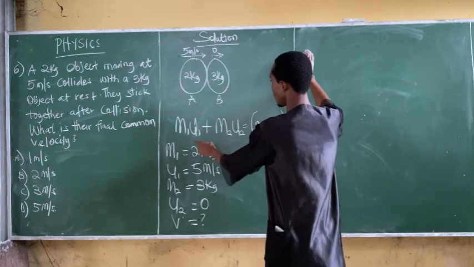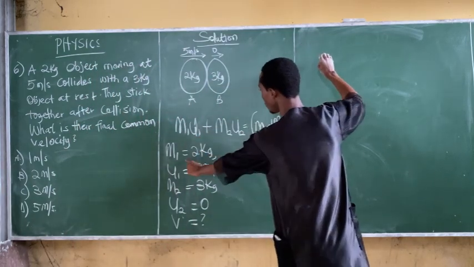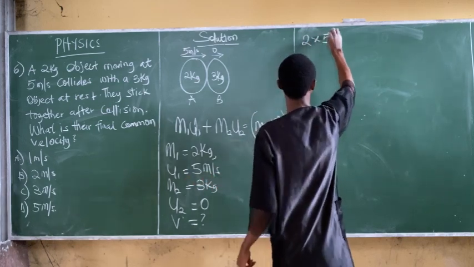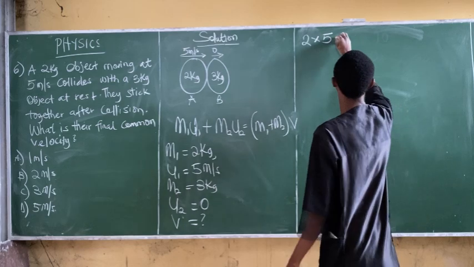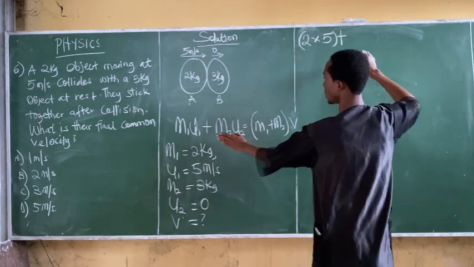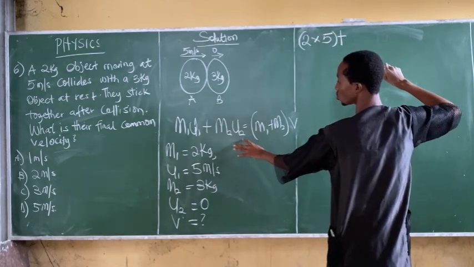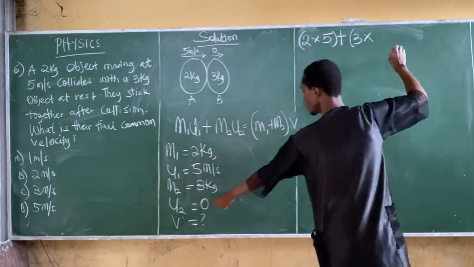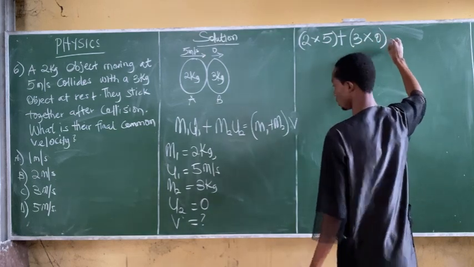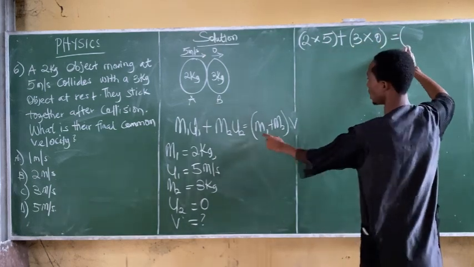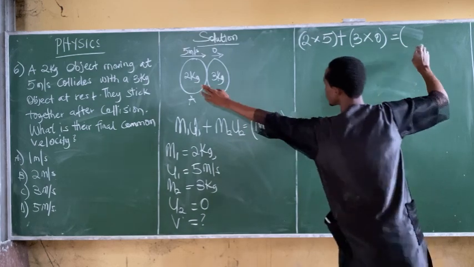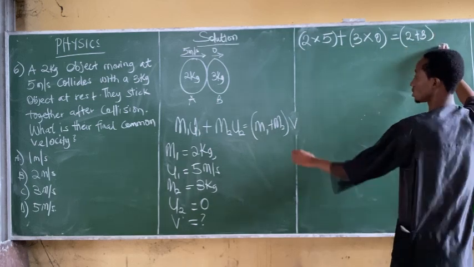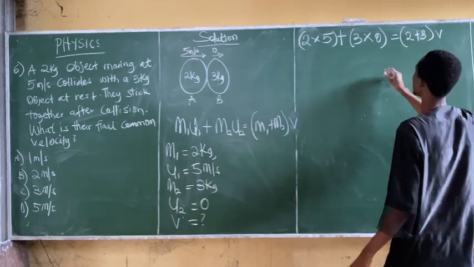We have m1 times u1: m1 here is 2 kg times u1 is 5 meters per second, plus m2 u2: m2 is 3 kg times u2 is 0, is equal to m1 plus m2. m1 is 2 kg, m2 is 3 kg. So we have 2 plus 3 all into v.